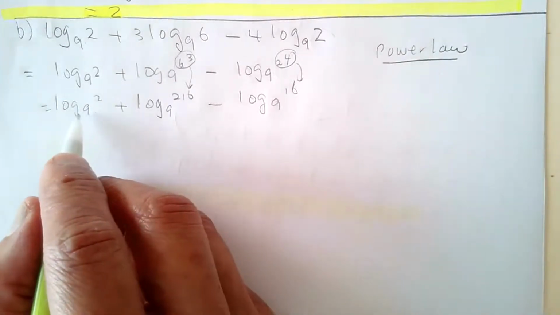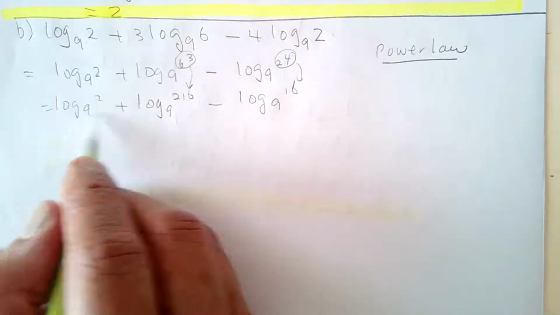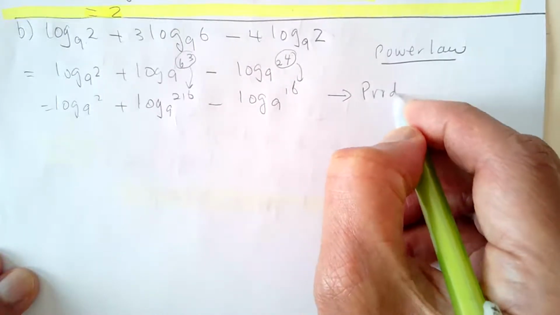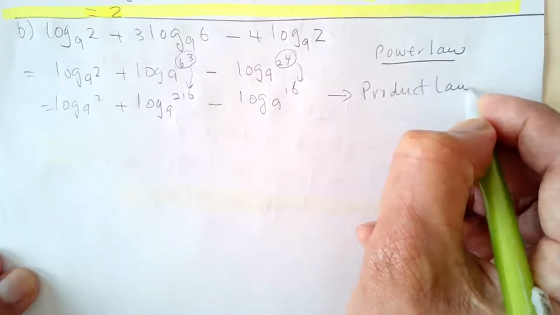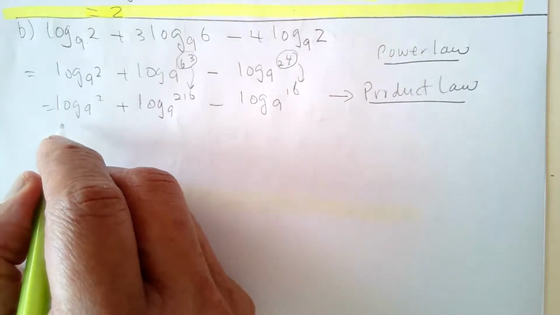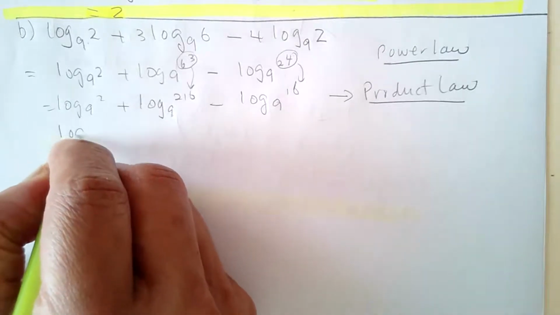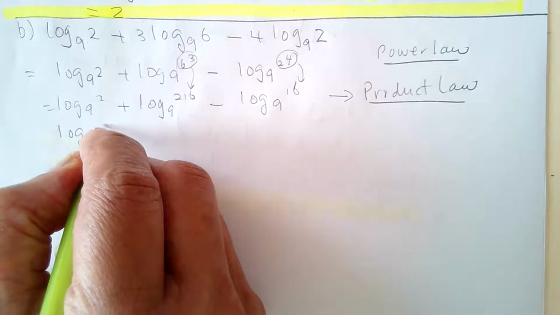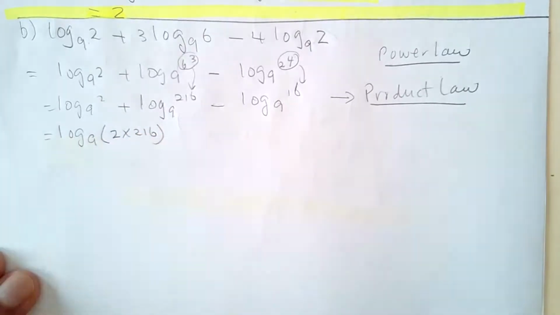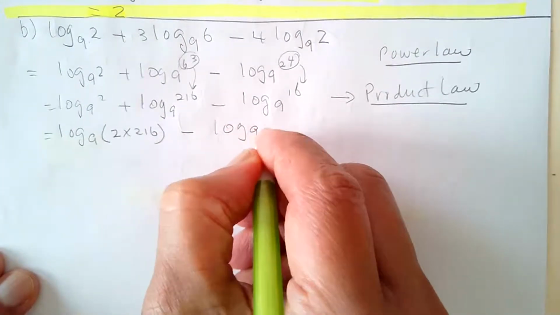Now we are going to use our product rule to combine these two. This will give us, because remember the base is the same here, log 9 of 2 multiplied by 216 minus log 9 of 16.